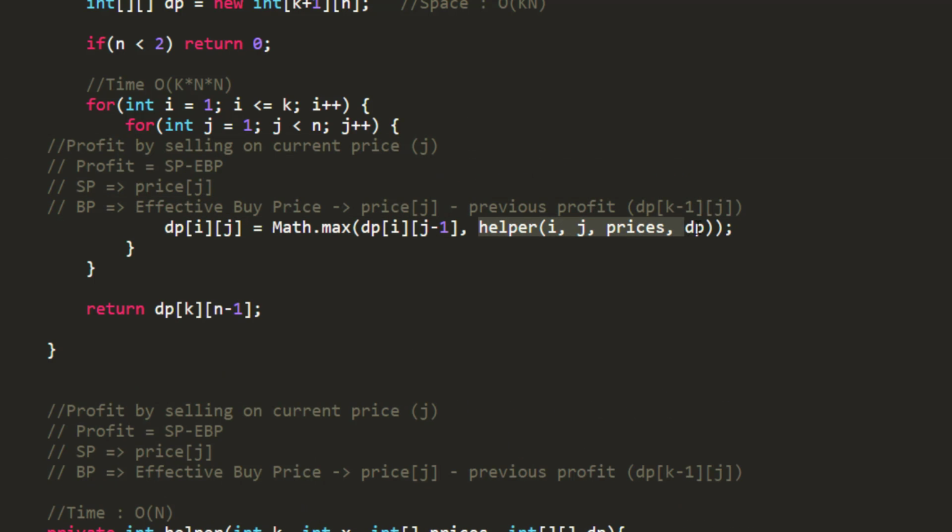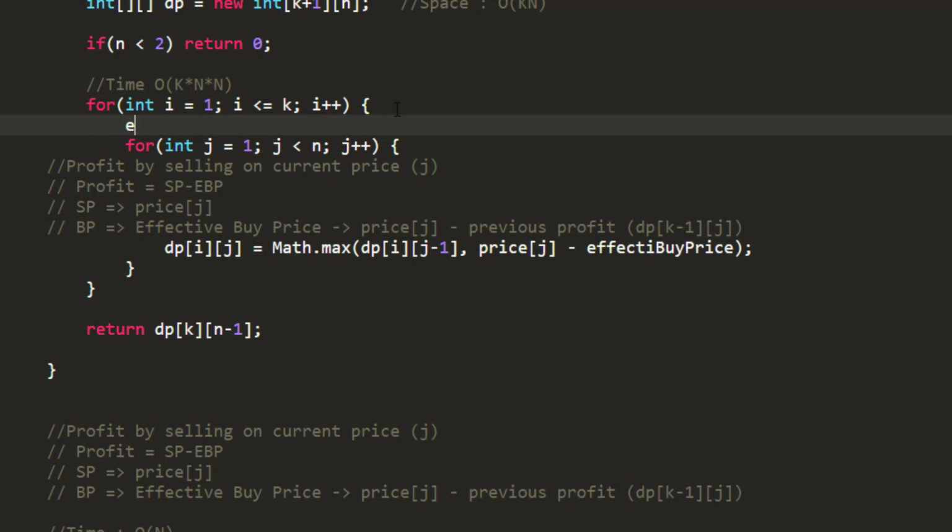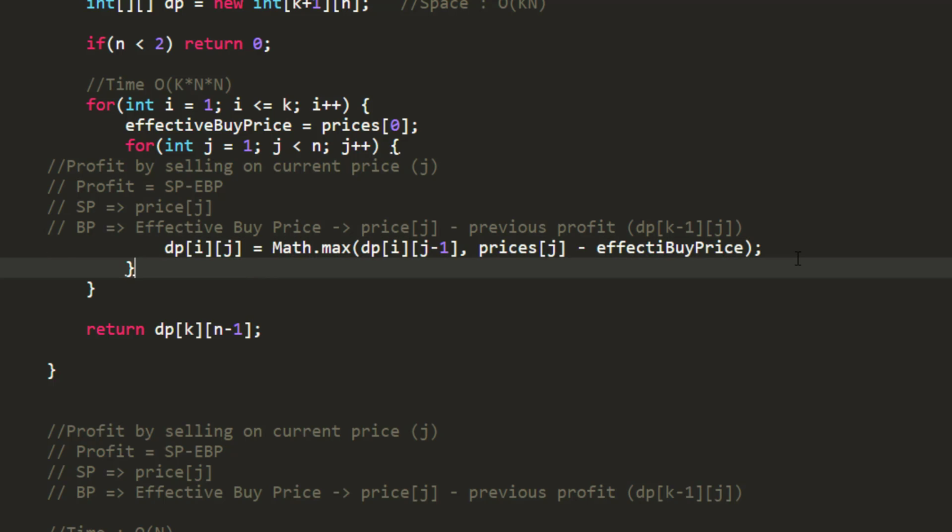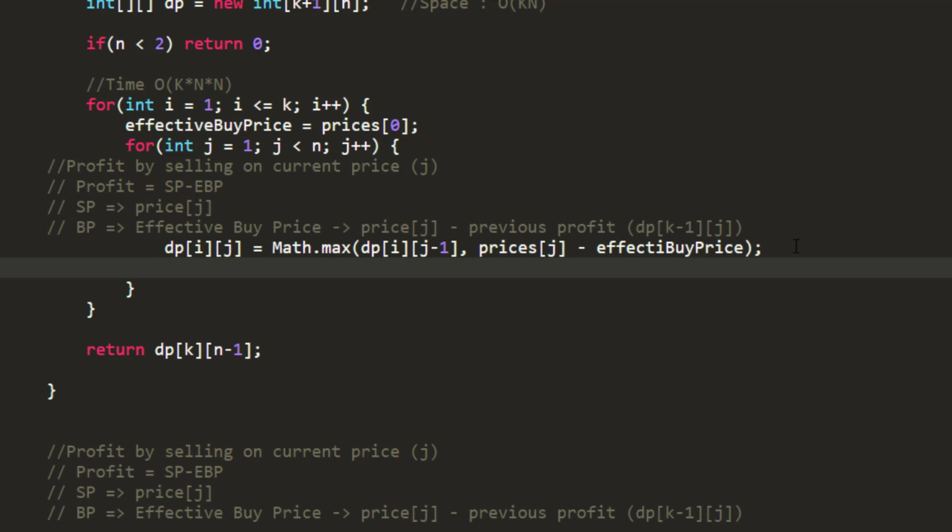So now let's take this helper out and write this equation over here. So that becomes sell price, price of j, minus the effective buy price, wherein effective buy price initially was price of 0, and now let's update this effective buy price.